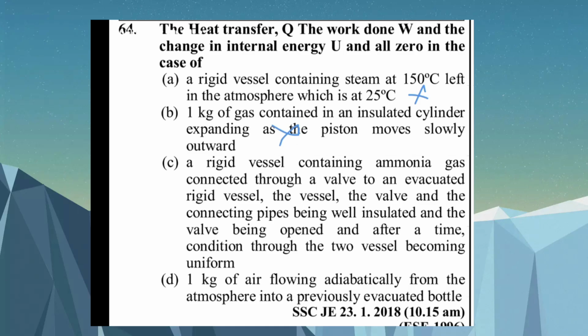C: A rigid vessel containing ammonia gas is connected through a valve to an evacuated rigid vessel. The vessel, the valve, and the connecting pipes being well insulated, and the valve being opened, after a time conditions through the two vessels became uniform. Yes, ये हो सकता है. D: 1 kg of the air flowing adiabatically from the atmosphere into a previously evacuated vessel. No. Option C is the right.